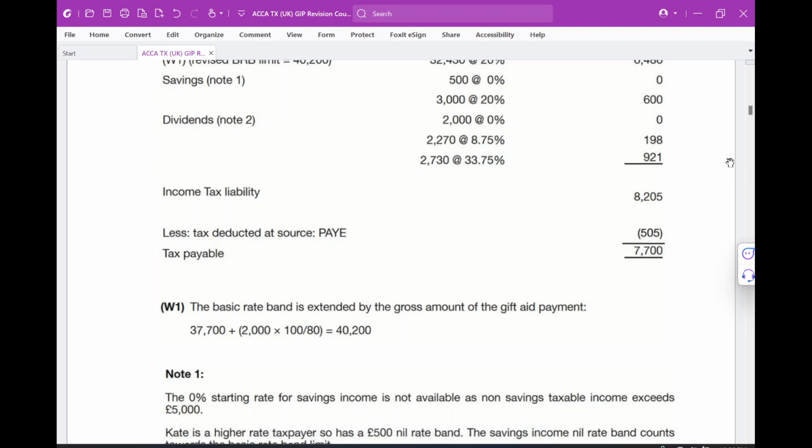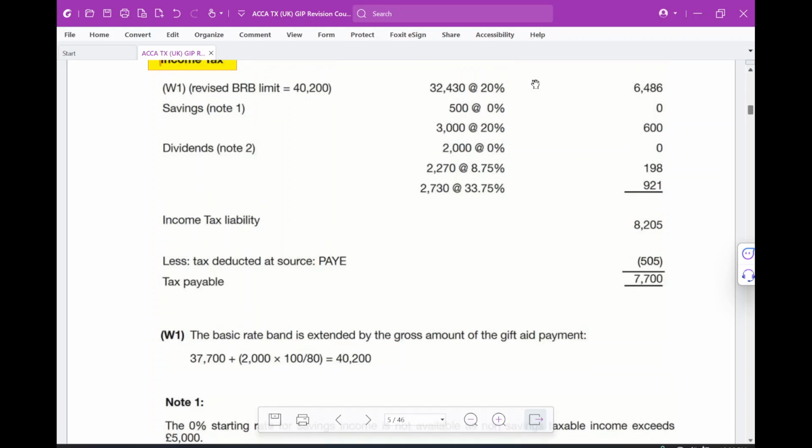Now, we know from our studies that the basic rate band referred to is a band that 20% income tax applies to. So it suggests here that within working 1, the basic rate band is extended by the gross amount of the gift aid payment.